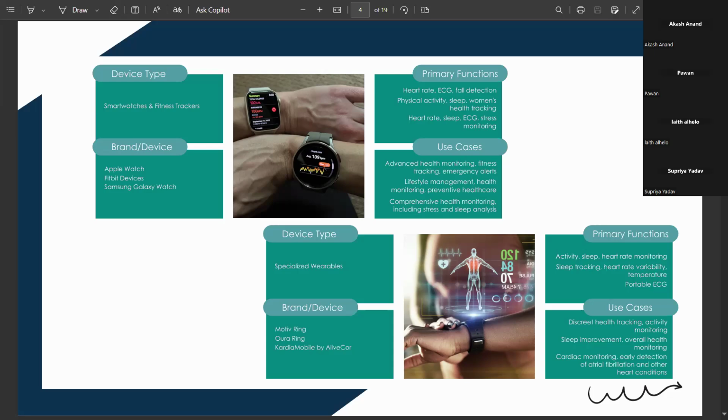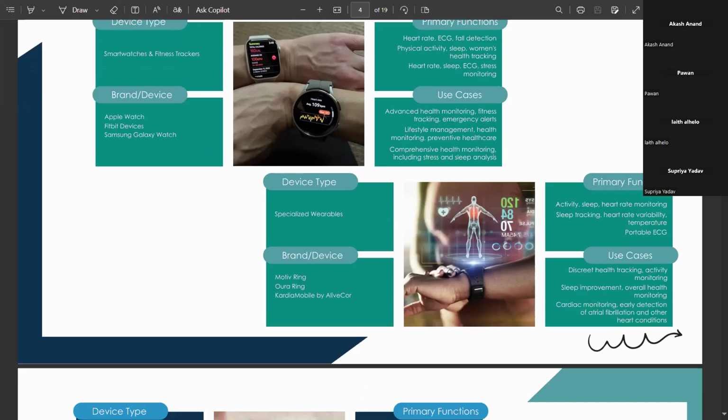The Samsung Galaxy Watch offers comprehensive health monitoring, including heart rate, sleep, and stress management, along with advanced features like ECG and blood pressure monitoring. All three of these have their own pros. Their primary function was to track and monitor basic body vitals.